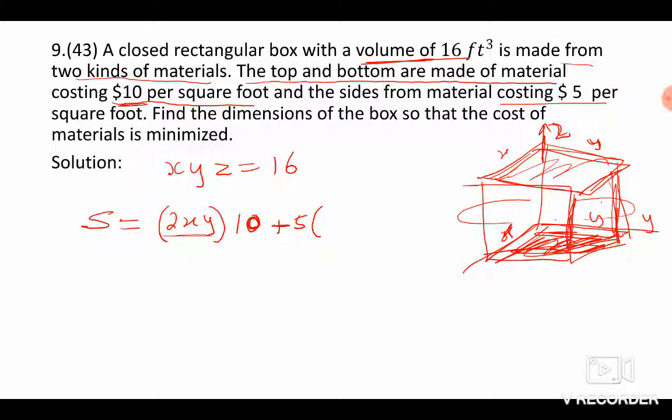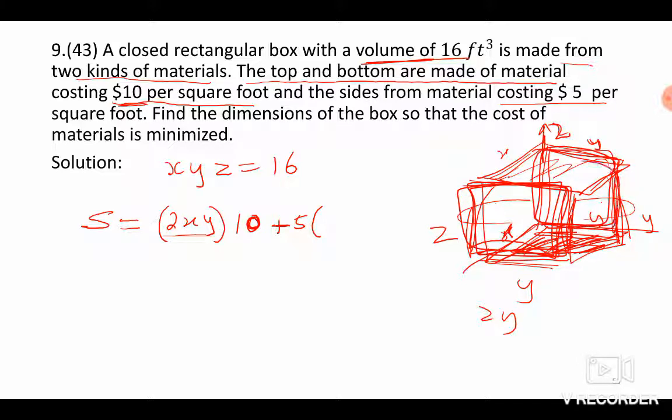If this is the side you are looking at, the area of this side is, this is the y direction, this is the z direction, so zy. The opposite is also zy, so 2 times zy. Similarly, there are other sides. This side, this distance is x, this distance is z, so zx, and the opposite is zx, so 2 times zx.